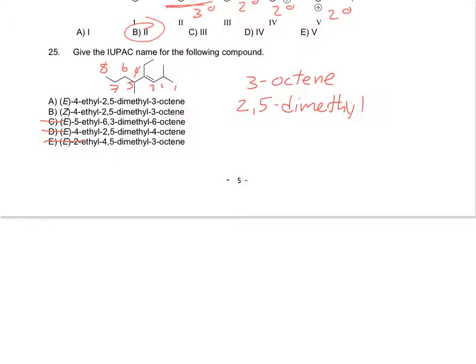We need to figure out if this is E or Z. Remember that E and Z refer to the highest priority group on each side of the alkene and how it's related to our imaginary railroad track line. So on carbon 3, there are 2 groups, the isopropyl and the H that's not drawn. The isopropyl is the higher priority group. On carbon 4, the other carbon of the alkene, there are 2 groups.